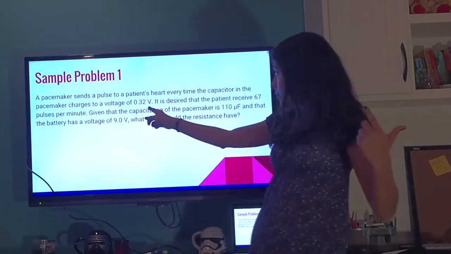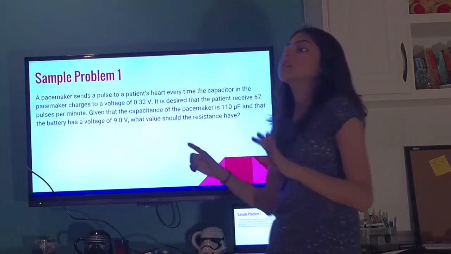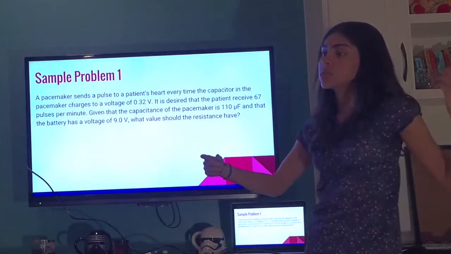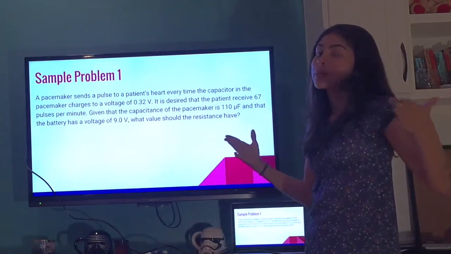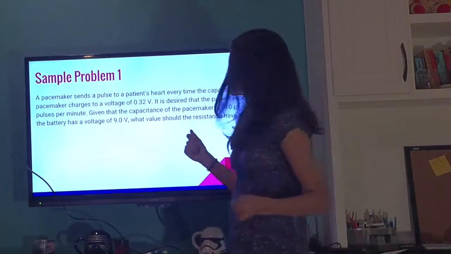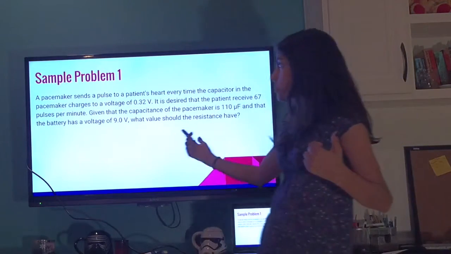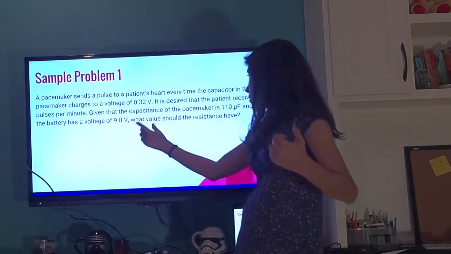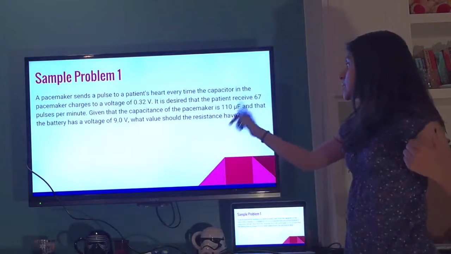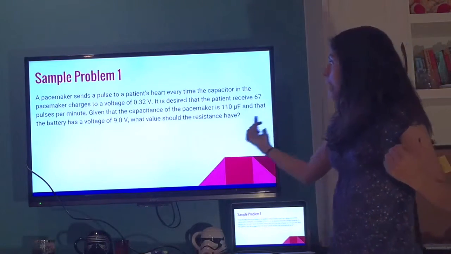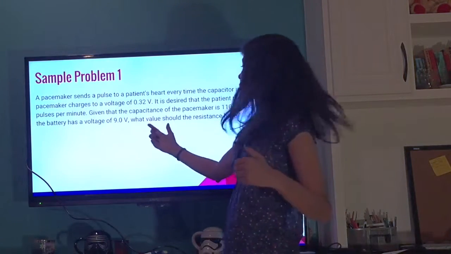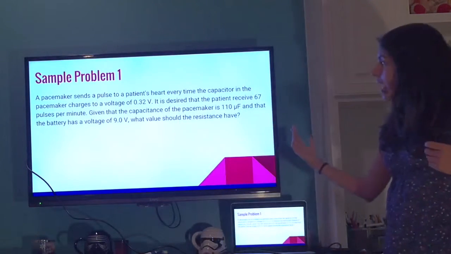At that given voltage that the heart produces, it knows to fire a signal to rebalance the heart back to its regular rhythm. Moving on, it is desired that the patient receive 67 pulses per minute. Given that the capacitance of the pacemaker is 110 microfarads and that the battery has a voltage of 9 volts, what value should the resistance have?